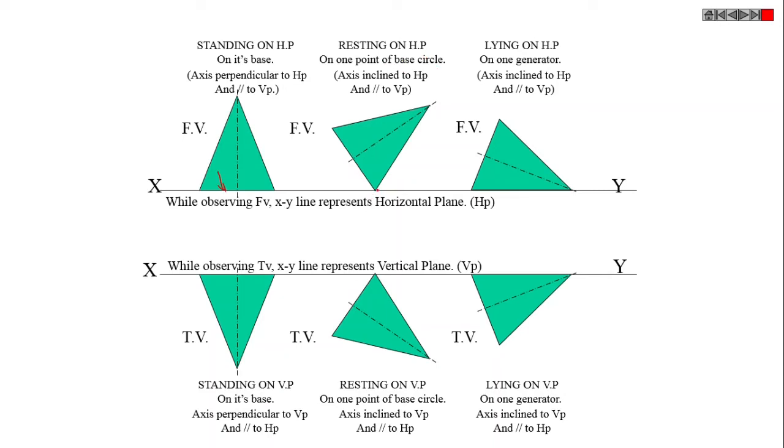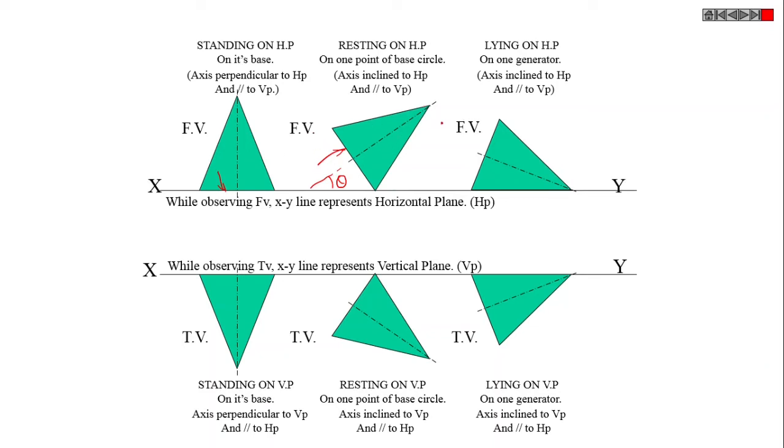This is one point on the base circle, and this is the base circle of the cone. Here again, the axis is inclined to HP, and this is the angle of inclination of the axis with respect to HP. Once again, this axis is parallel to VP.